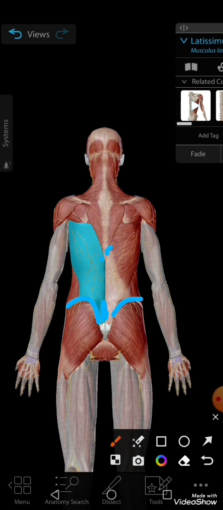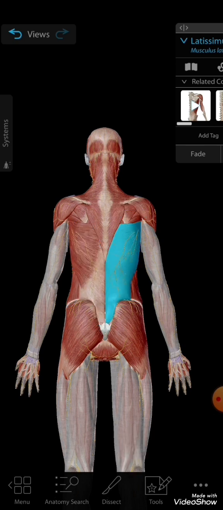T7 to T12 spines, means thoracic spines. And in between, it is also getting attached to the lower four ribs on both sides. These are the places from where it gets its origin. And never forget, if I draw the scapula here, it also originates from the inferior angle of the scapula.